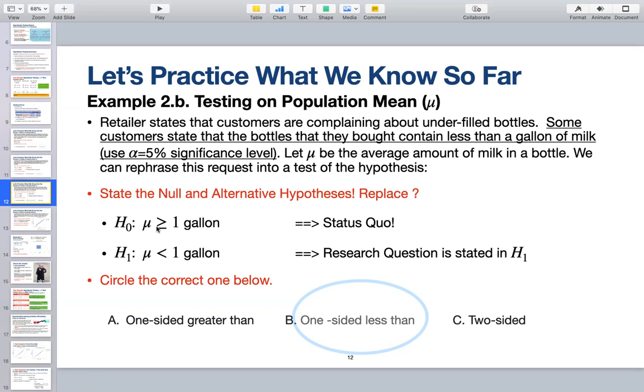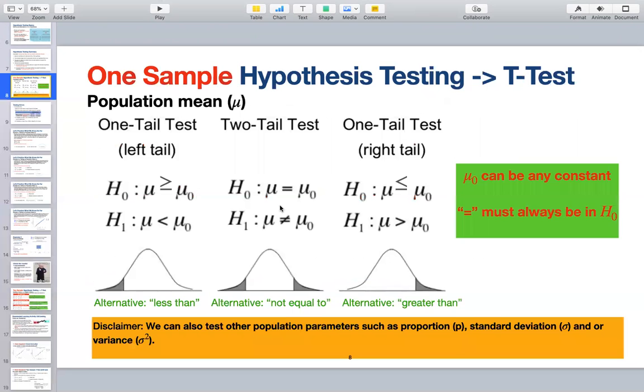So our alternative hypothesis is actually the claim, the customer suggestions, or complaints, whatever you want to call them. And H0 is our status quo. This is based on the sign in the alternative hypothesis. Look at this: it is actually a less-than hypothesis test. It is one-sided only.